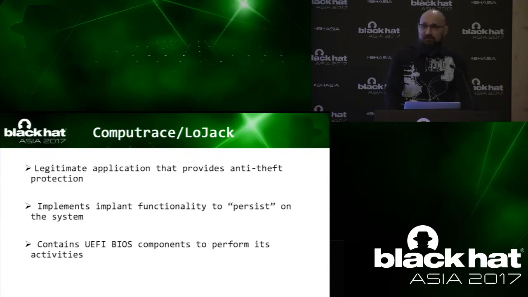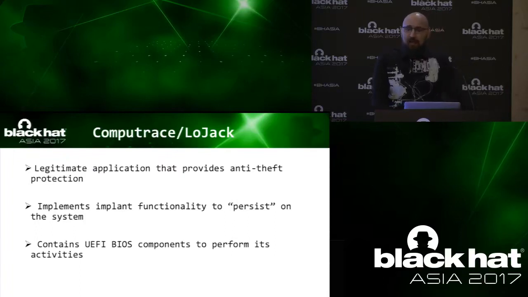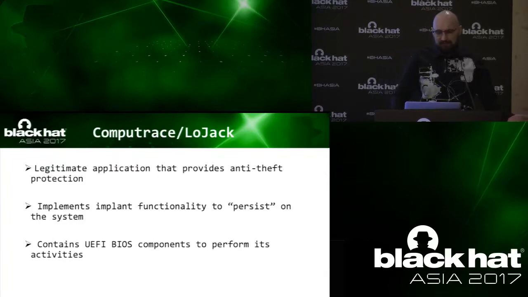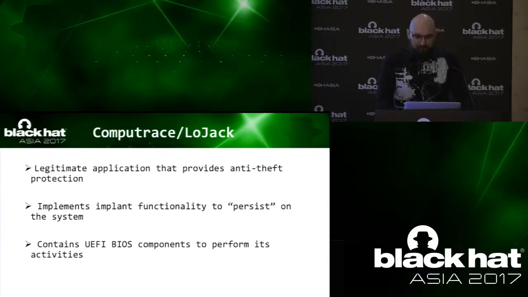For example, all the ThinkPads and most enterprise laptops by default have Computrace already in the BIOS, but it's not active. But who knows if there will be some vulnerability which can activate this software remotely, and it can communicate remotely with some servers to get updates of the agent.